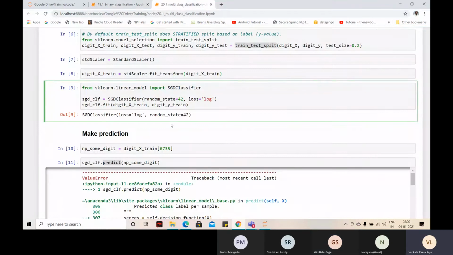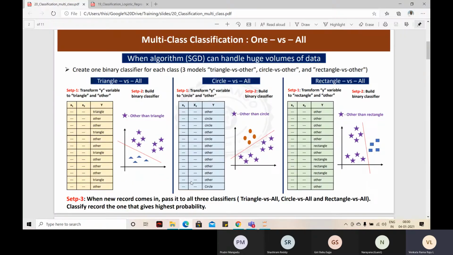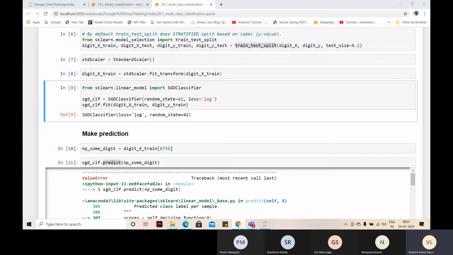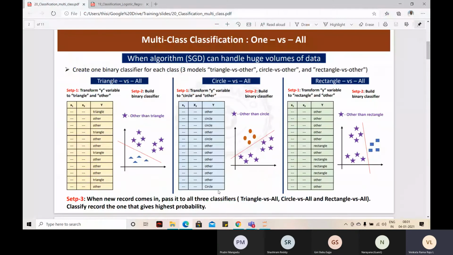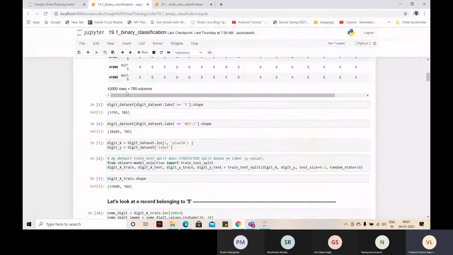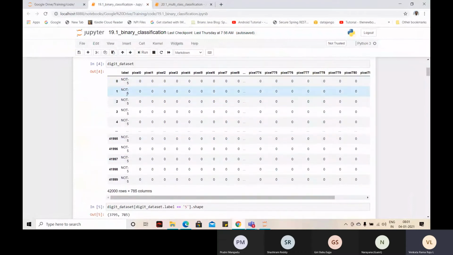But when it is multi-class or binary class, it doesn't matter for the algorithm. For scikit-learn, it doesn't matter because it knows how to split it, transform the target variable and build a model. Got it? It's a wrapper, right? scikit-learn is a wrapper, and it is making our life easy. If it were not doing all this, we would have to convert our data into zeros and non-zeros, ones and non-ones, twos and non-twos, and build a model every time.